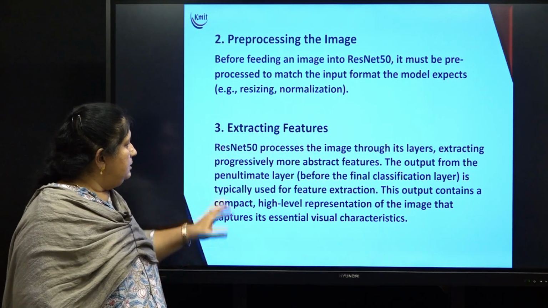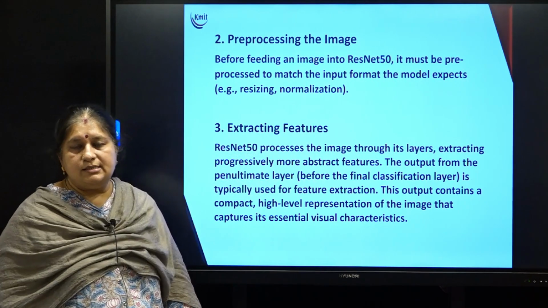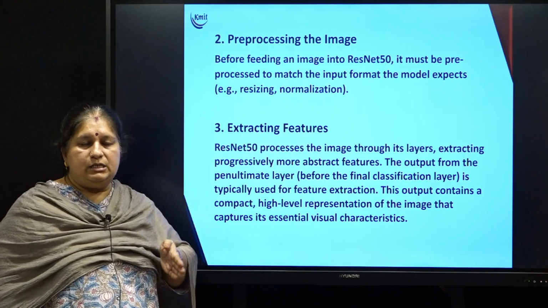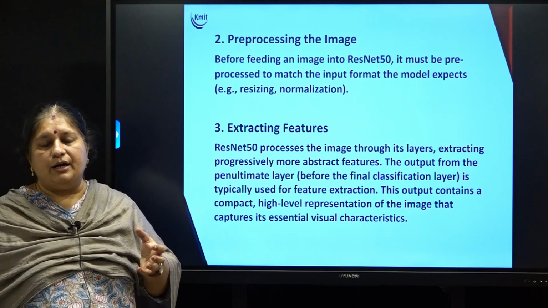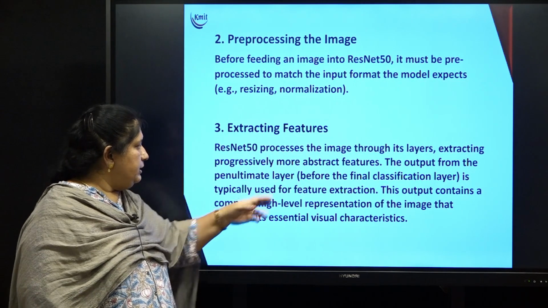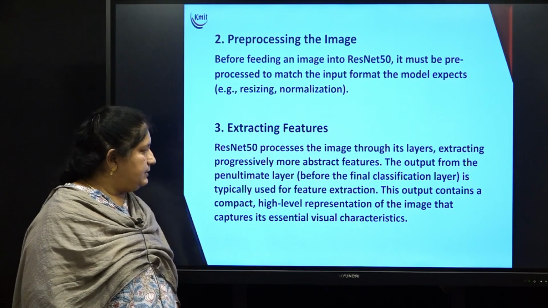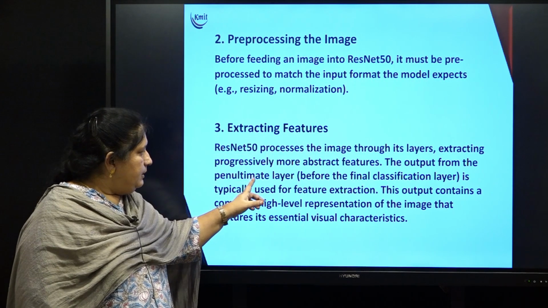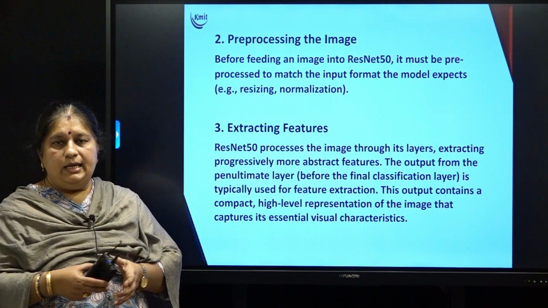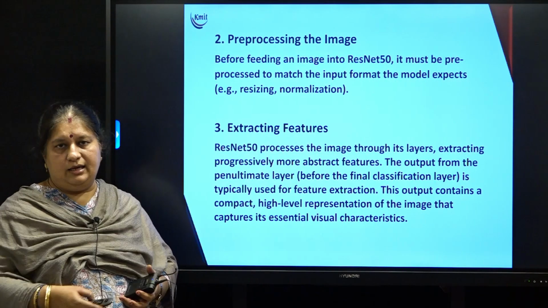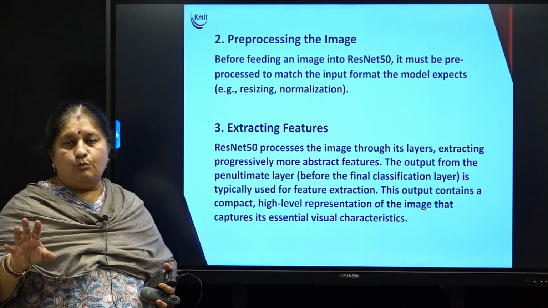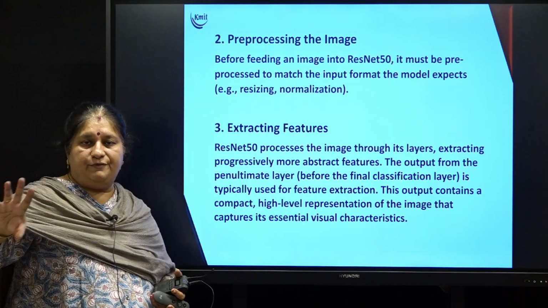Extracting features: ResNet50 processes the images through the layers, and as it passes through each and every layer, it takes more and more features and also generates more abstract features. The output from the penultimate layer is used. What is the penultimate layer? The layer just before the final layer. The final layer is used for classification, so we do not want to pass our input image through the final layer.